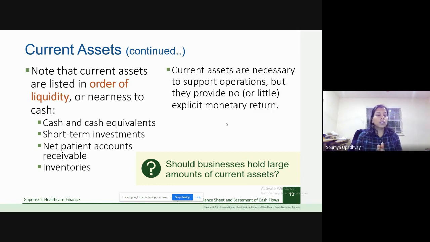But if you put it in a 401k, a student account, or some fixed deposit, you get a higher interest rate. The reason is, with current assets you usually get no monetary return because you don't get interest on them. So the question to think about is, should businesses hold large amounts of current assets?